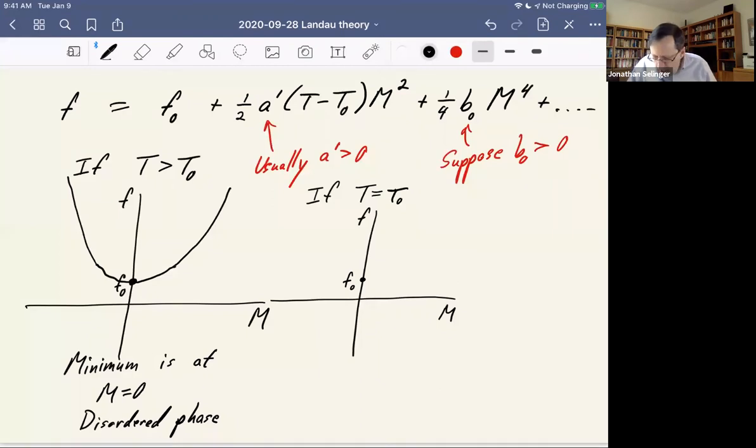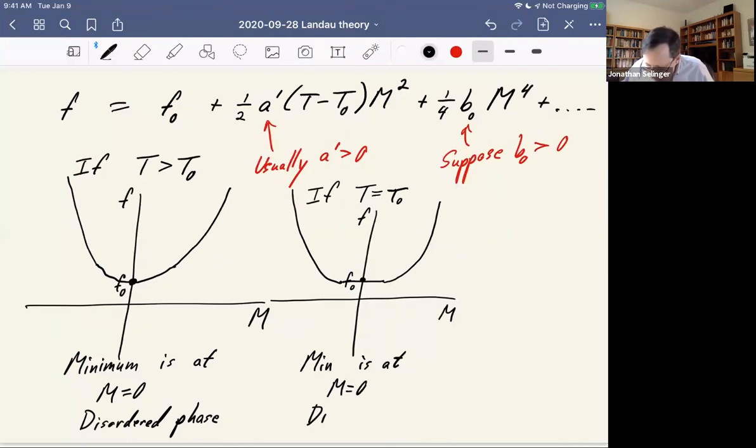And now the quadratic term is 0. So this plot is very flat near the minimum. But then the quartic term makes it go up. Okay, so this looks like it's coming around like that with a very flat minimum. So once again, the minimum is at m equals 0. So again, it is disordered.